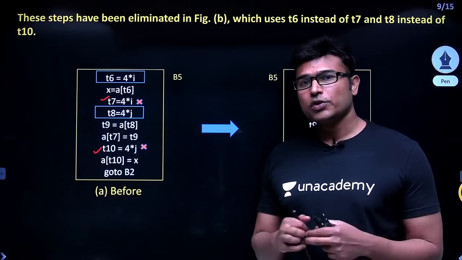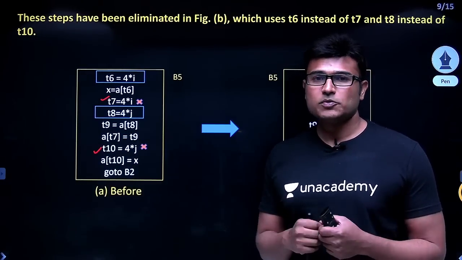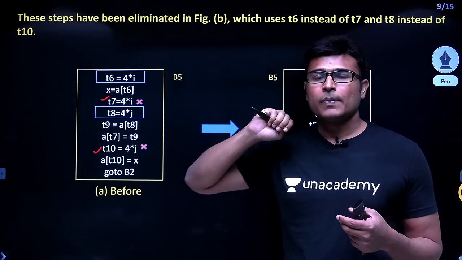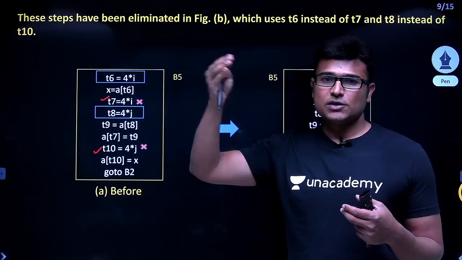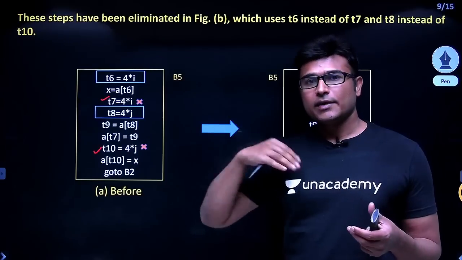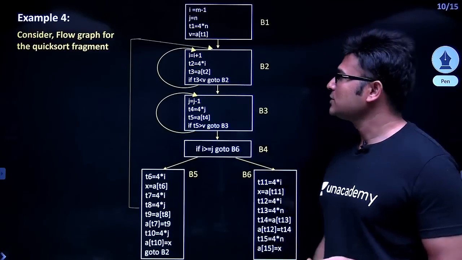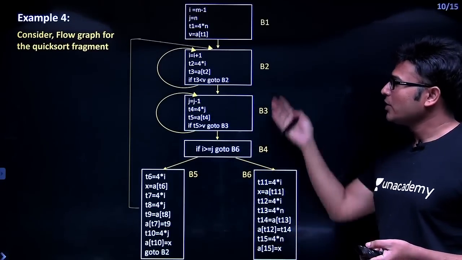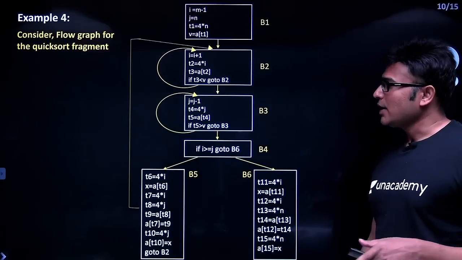You can also do it globally, which means if an expression is computed in some other block and the same expression is used in this block, you can again eliminate it. That is called global sub-expression elimination. Now if this is the entire program and you have many blocks, again you can do the same.